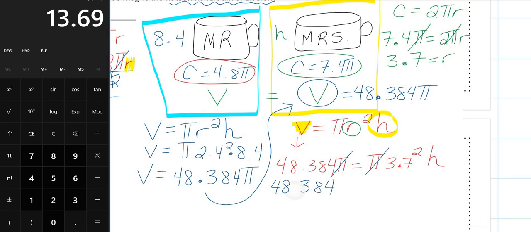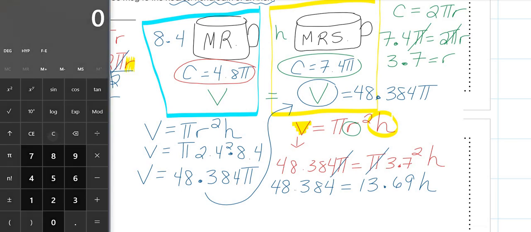Okay, let's rewrite this. 48.384 equals 13.69h. All right, last step, divide by 13.69, and I'm going to have my height. So 48.384 divided by 13.69 equals.